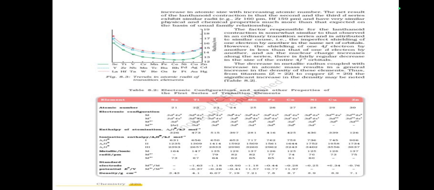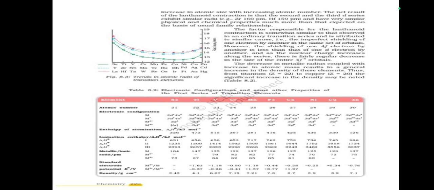However, the shielding of one 4f electron by another is less than that of one d electron by another, and as the nuclear charge increases along the series, there is a fairly regular decrease in the size of the entire 4f orbitals. The decrease in metallic radius coupled with increase in atomic mass results in a general increase in the density of these elements. Thus, from titanium to copper, a significant increase in the density may be noted.